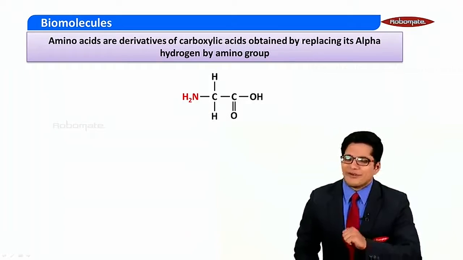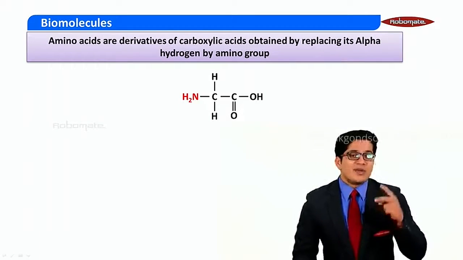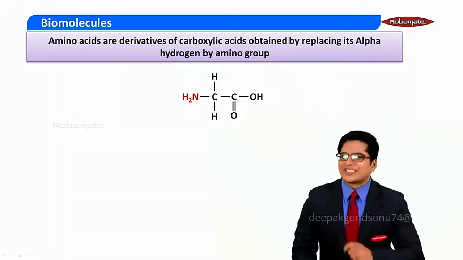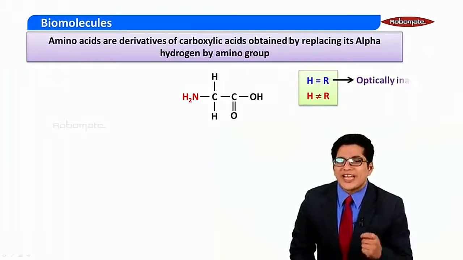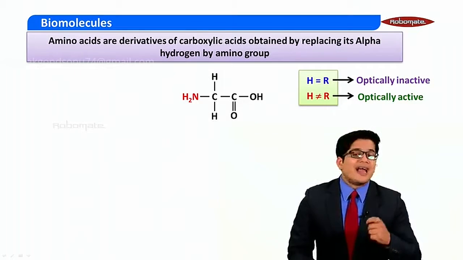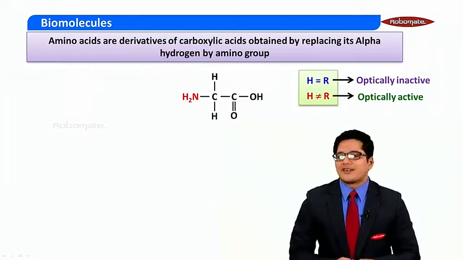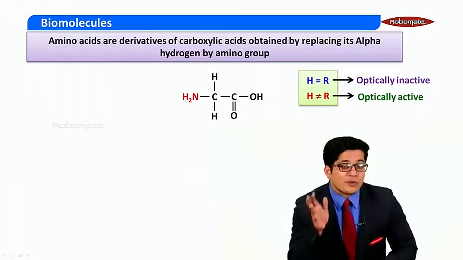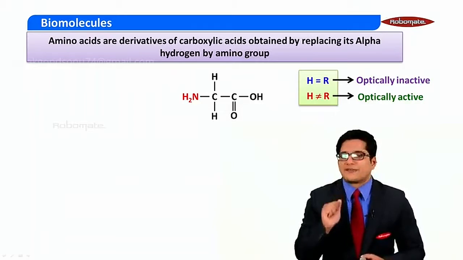But now, remember students, here we have 2H which is attached to the alpha carbon. In this case, suppose if H is equal to R and H is not equal to R. If H is equal to R, then the compound would be optically inactive.